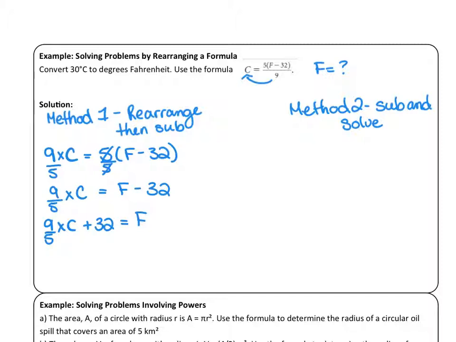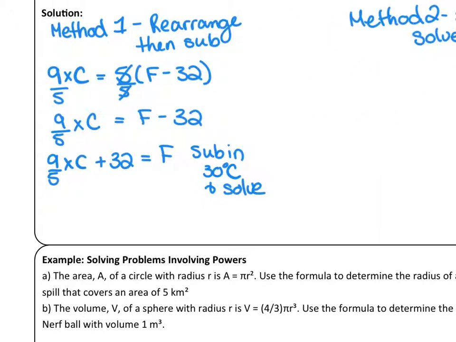Once you have it there, you're going to sub in the 30 degrees and solve. So I'm going to do 9/5 times 30 plus 32. Now, don't forget that you have to follow your order of operations for this as well.